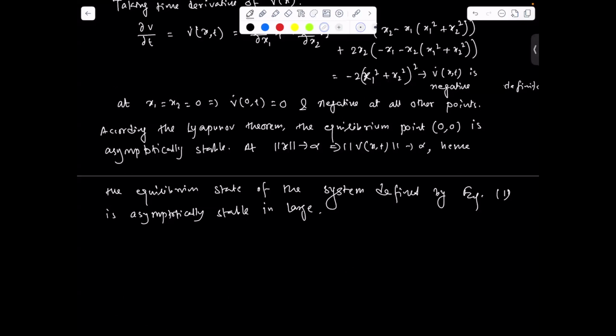So this is how we can study the stability of the system without solving the equation. This is a very powerful tool to analyze the system. Now we'll take another example and find the MATLAB simulation for that particular system, and also comment on the stability of the system.